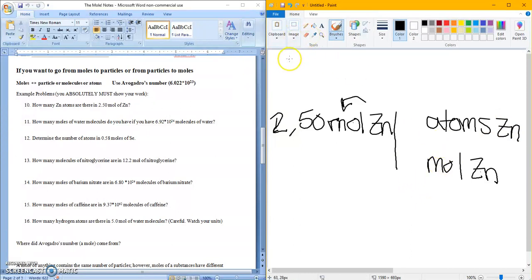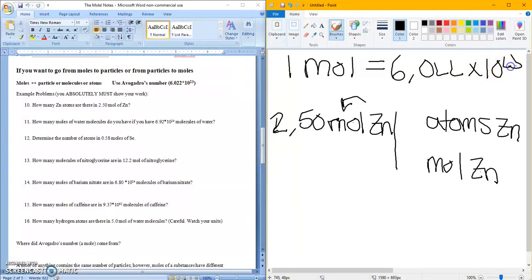I know that Avogadro's number, or 1 mole, is always equal to 6.022 times 10 to the 23rd. Okay? I know that that is what 1 mole always equals. So, when I do my conversion, I'm going to put 1 mole equals 6.02 times 10 to the 23rd atoms of zinc. And that's how I place my numbers.